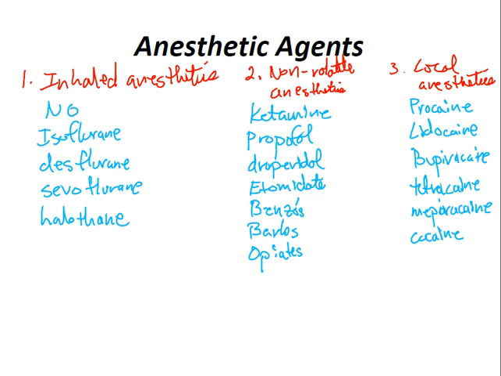Now, you need to know general anesthesia, such as that used in surgery, is divided into three different stages. What are those three stages? Induction, maintenance, and emergence. Agents used for induction include propofol, etomidate, and ketamine.